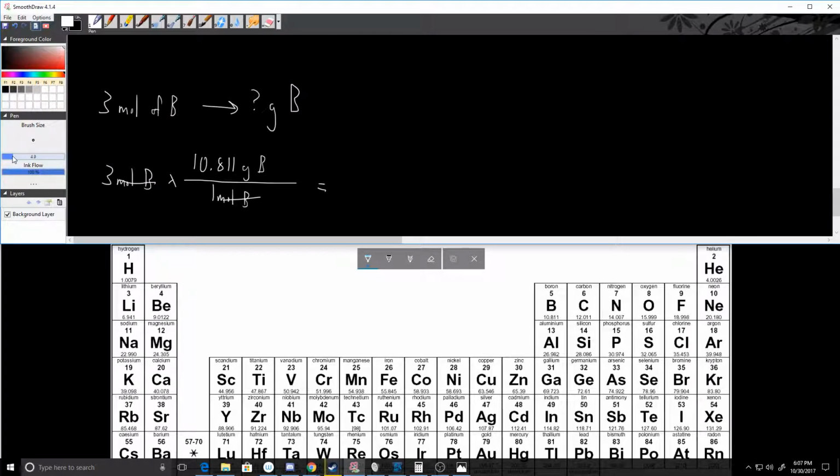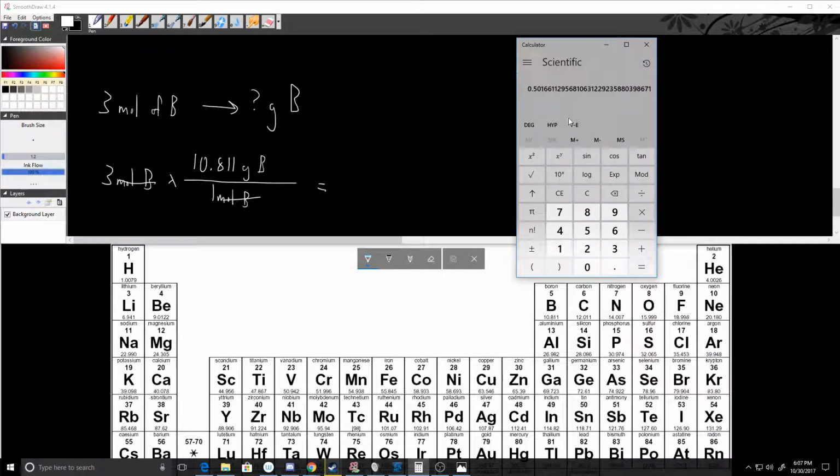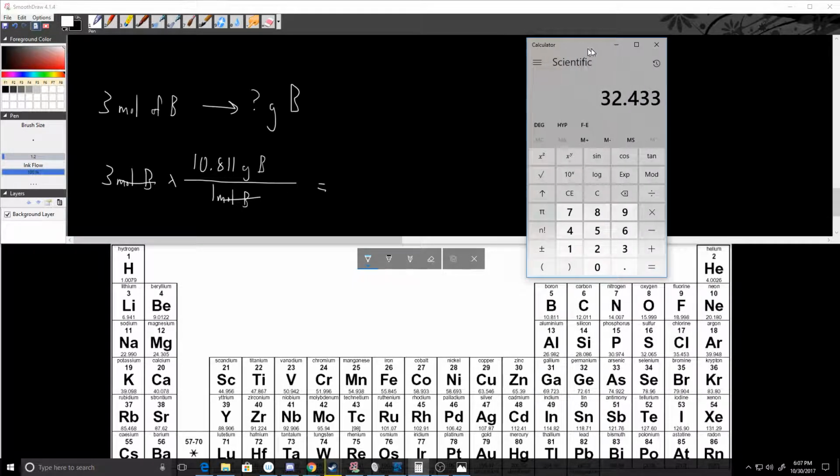So in this case, I'm going to take 3 times 10.811. Let me get out my trusty Windows calculator here, mainly because it's the one that I have. 3 times 10.811 is 32.433.